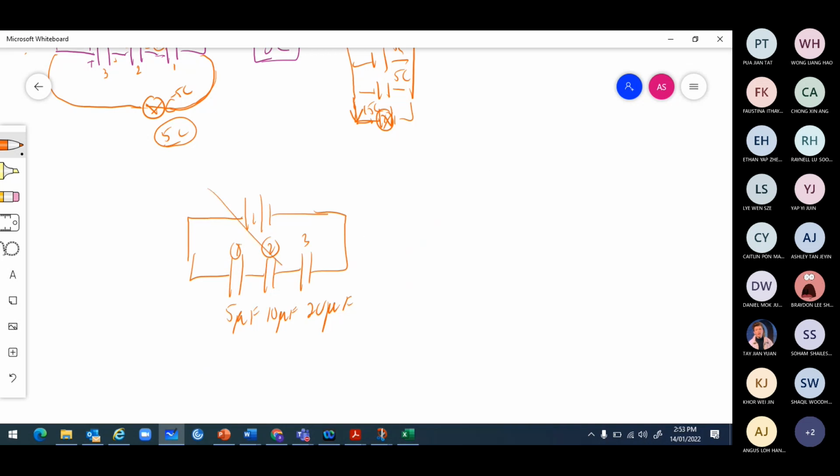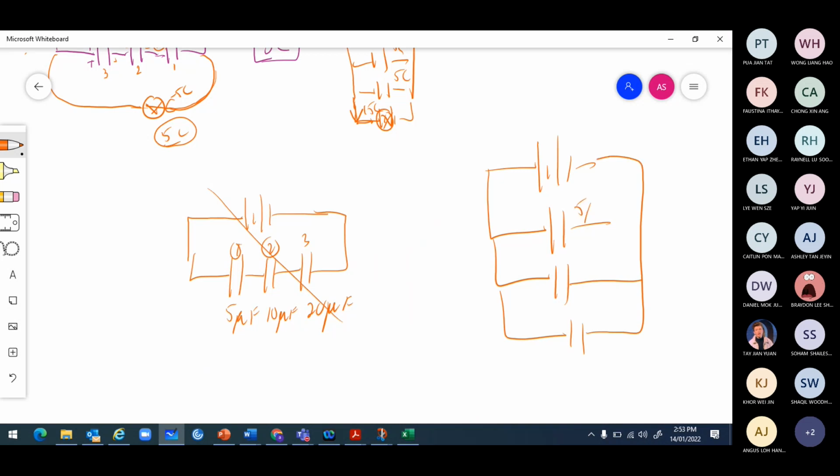So we go for parallel. The 3 capacitors are connected in parallel. Now can you work out for me?